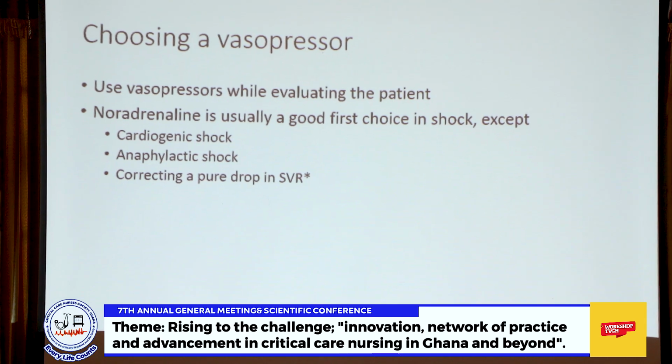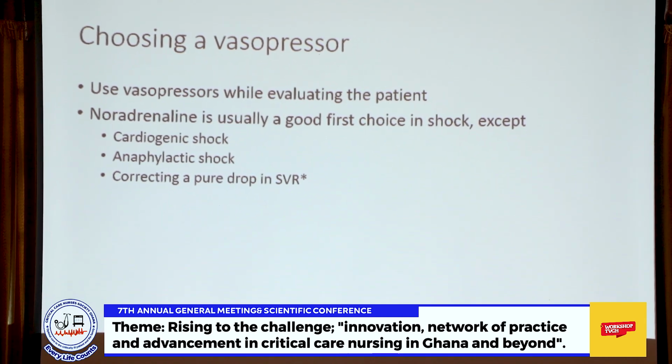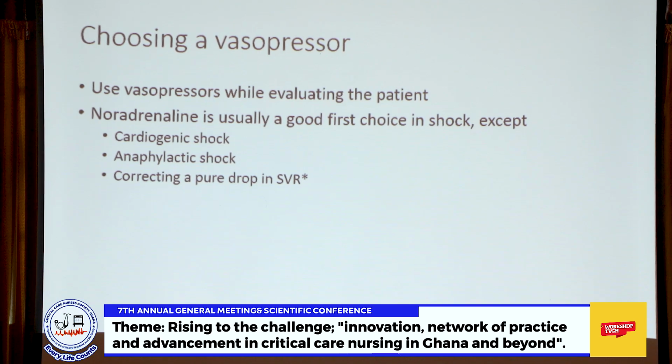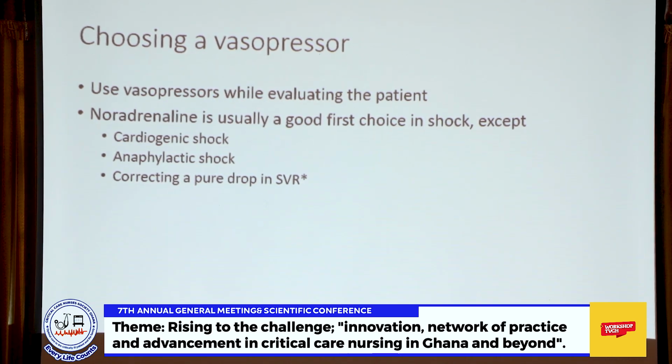We've chosen the vasopressor, but we should know that in choosing the vasopressor, we need to think about the patient's physiology too, right? We said septic shock, you would choose a vasopressor. But which of the vasopressors? One is saying we should choose noradrenaline, but that begs the question.